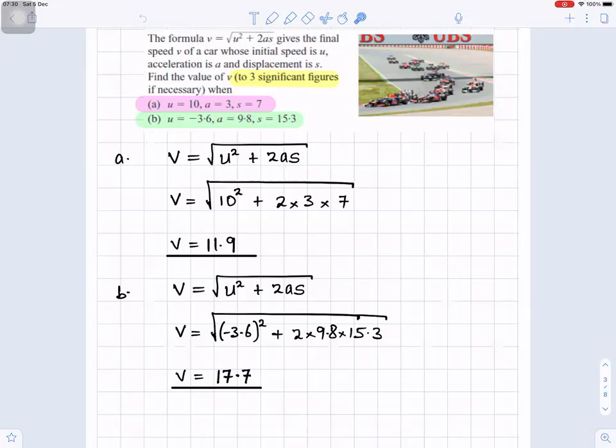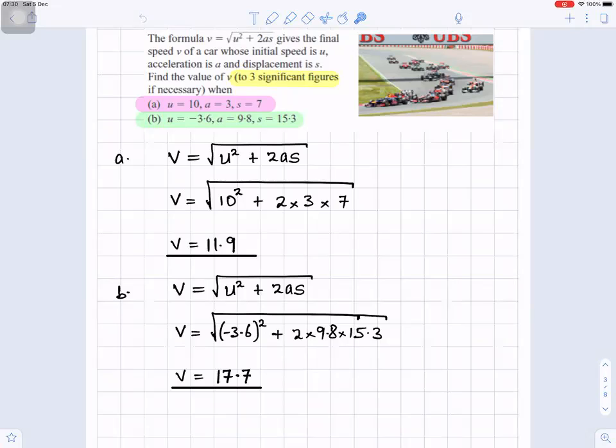We sub in the numbers. u is 10, so it's 10 squared plus 2 times a is 3 times s is 7. You put all of that in your calculator, you get 11.9 to 3 significant figures.